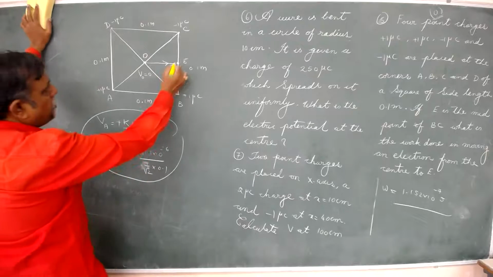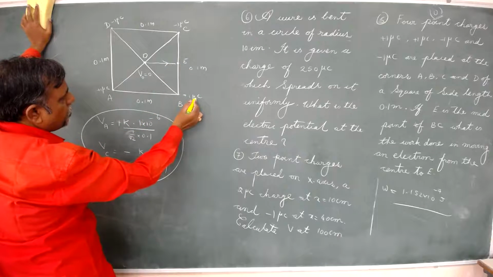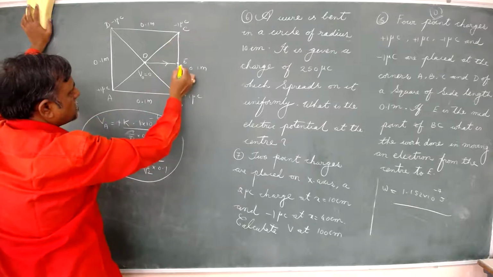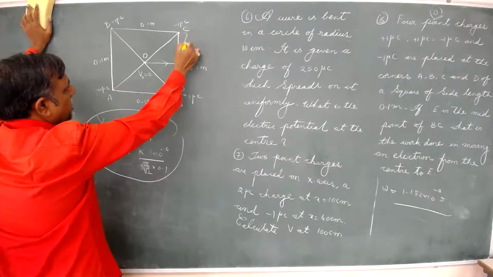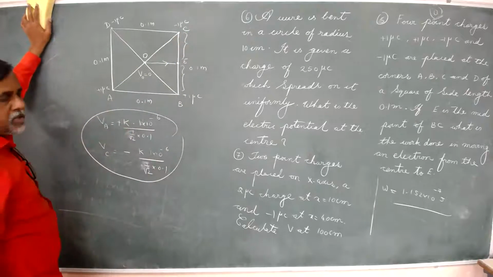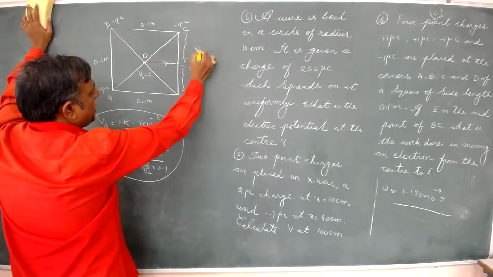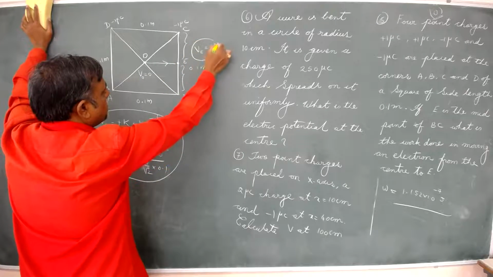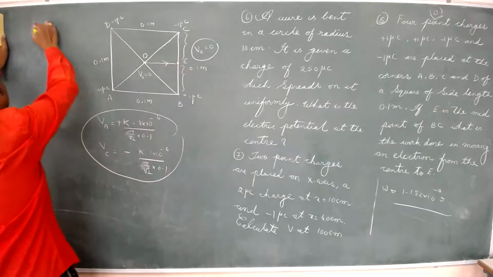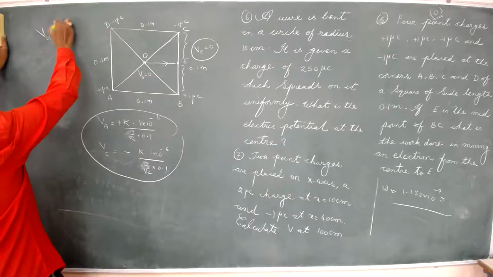Now coming to the second point E. This is plus 1 microcoulomb and this is plus 1 microcoulomb, at equal distances, so the potential at E is also 0. So overall the potential difference between O and E is 0.